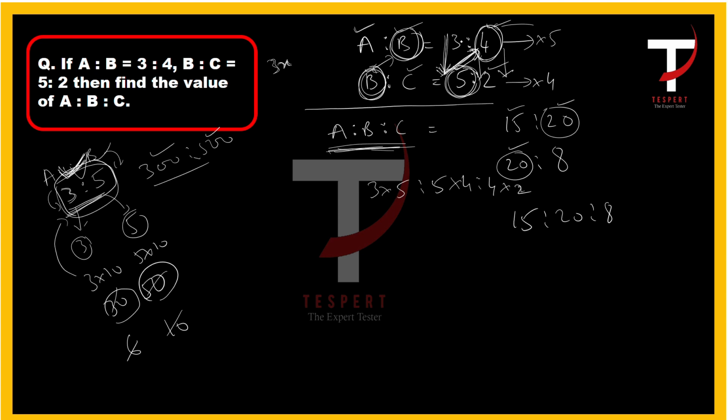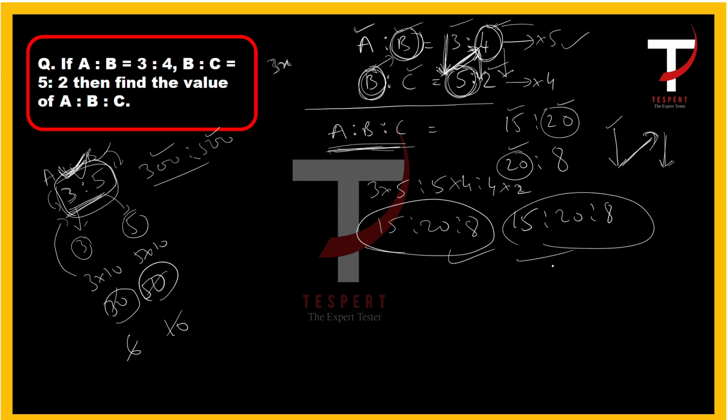So one is downwards, the second is diagonally, and the third one is again downwards, like this. You can follow either this one or this one, anyone you can follow. So now what do we get? 5 3s are 15 is to 5 4s are 20 is to 5 2s are 8. So directly we got this, right? So anything we can follow.